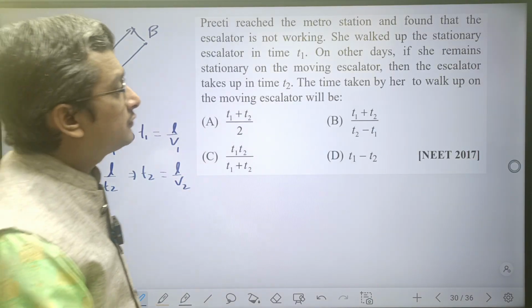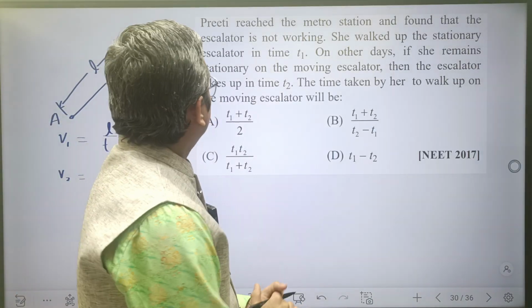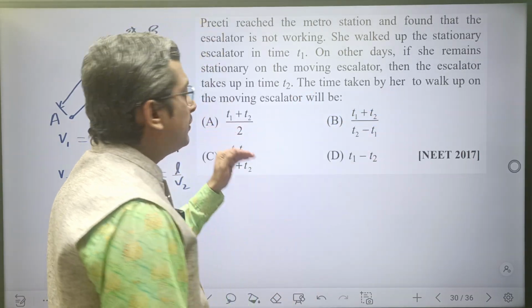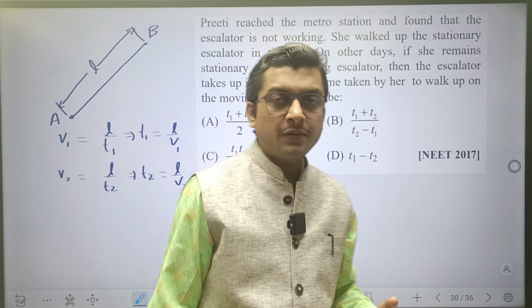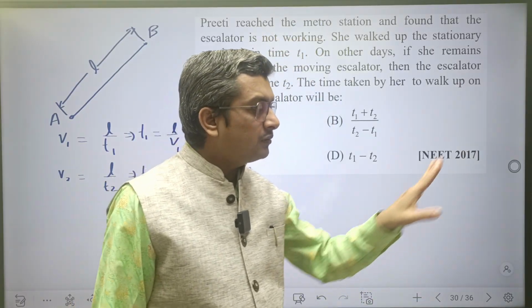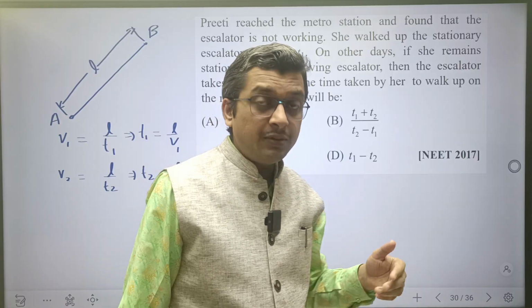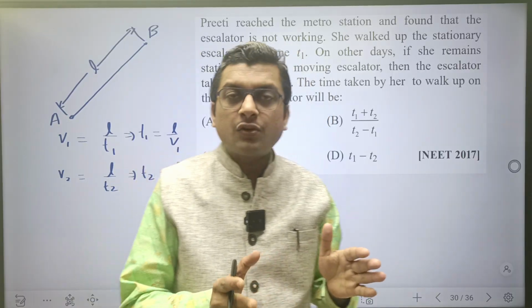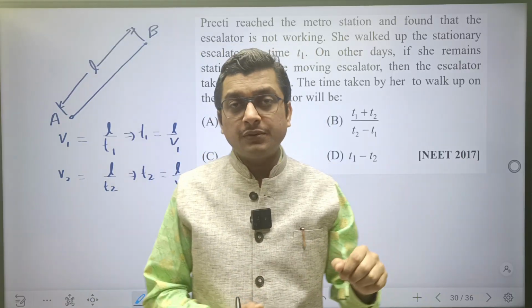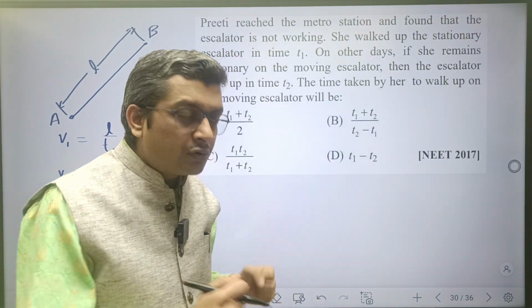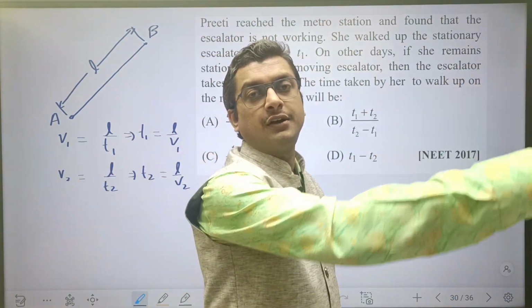Now on some other days, what happens? She is in a hurry, so the time taken by her to walk up on the moving escalator will be different. In the second case, she just stands on the escalator. But in the third case, the escalator is moving as well as Preeti also running on the moving escalator.